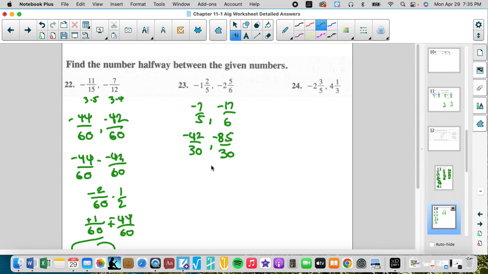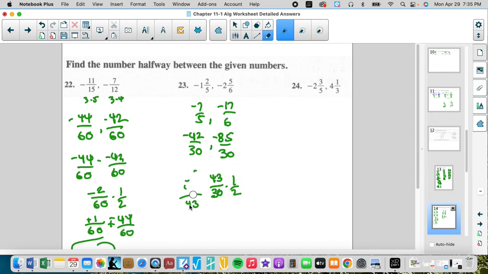So taking the distance between it is going to be 85 minus 42, that's 43, 43 30ths times 1/2. Times 1/2, that's going to give us 43 60ths.